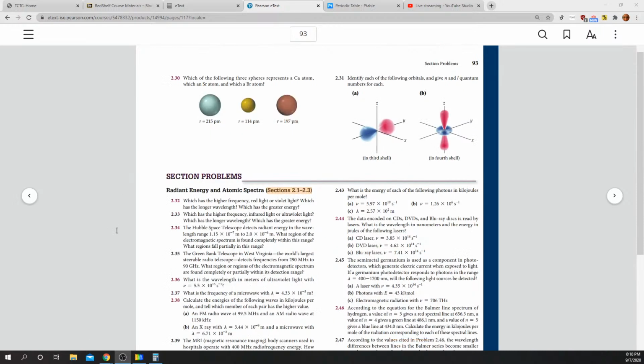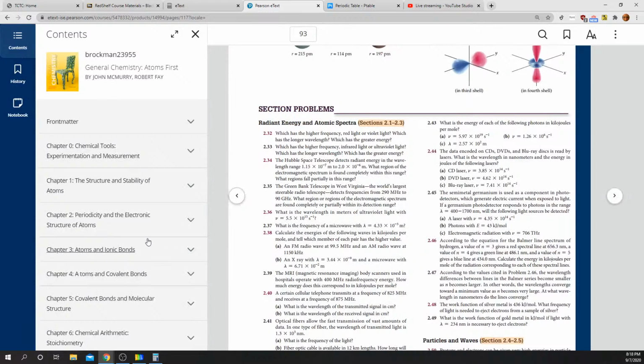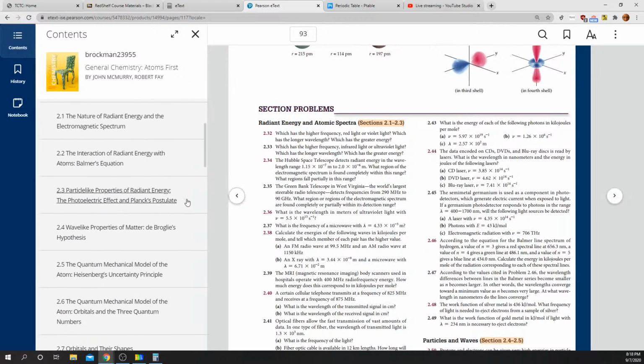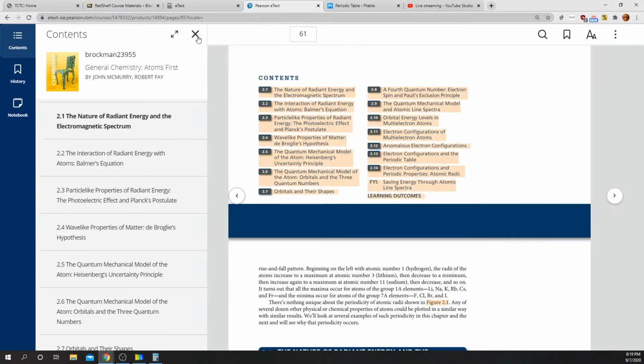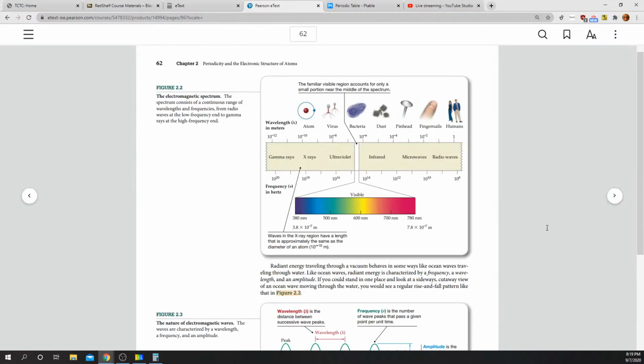But I don't have ultraviolet memorized in quite the same way that I have the visible spectrum memorized. So let's go ahead and look at the electromagnetic spectrum. Hopefully the chapter has it well labeled. Okay, so it has wavelength up top in meters.